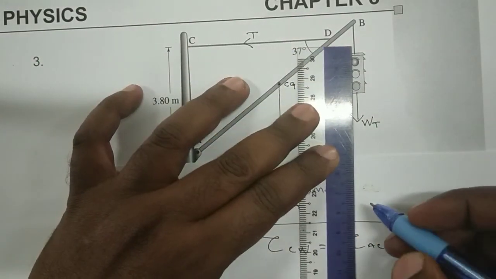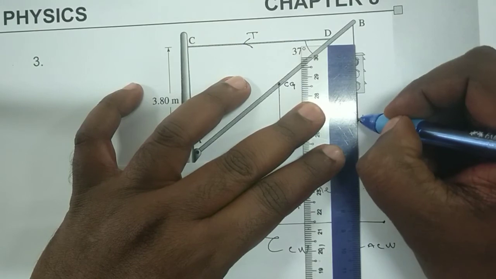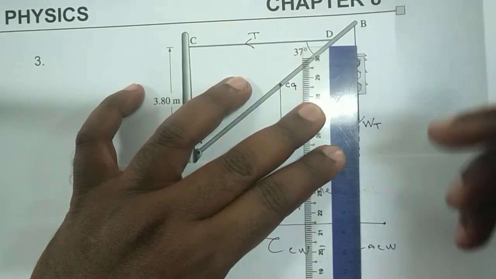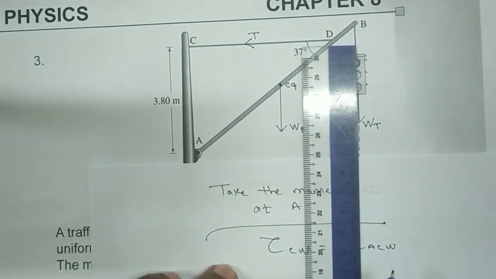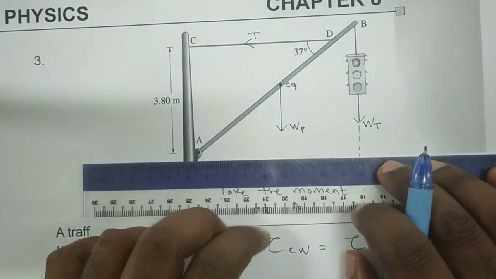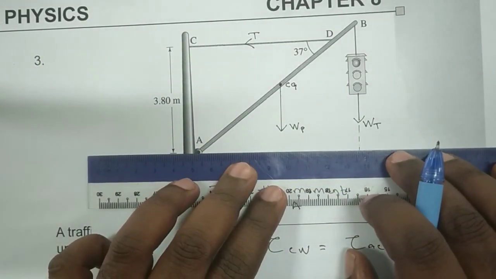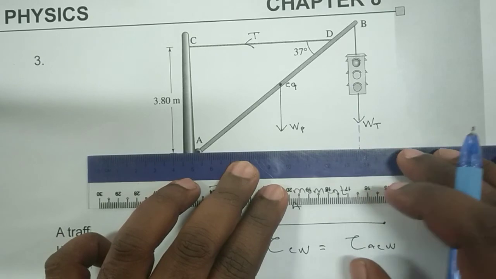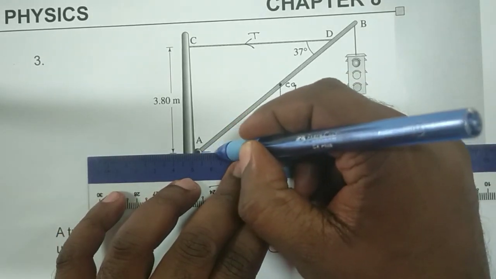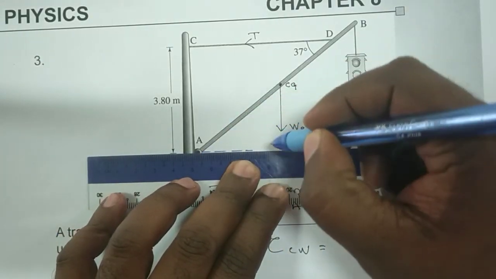So it is the weight of traffic, perpendicular distance from the axis of rotation.